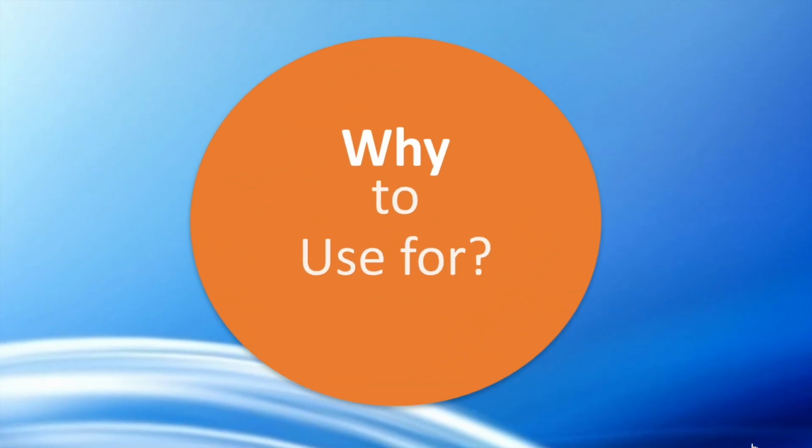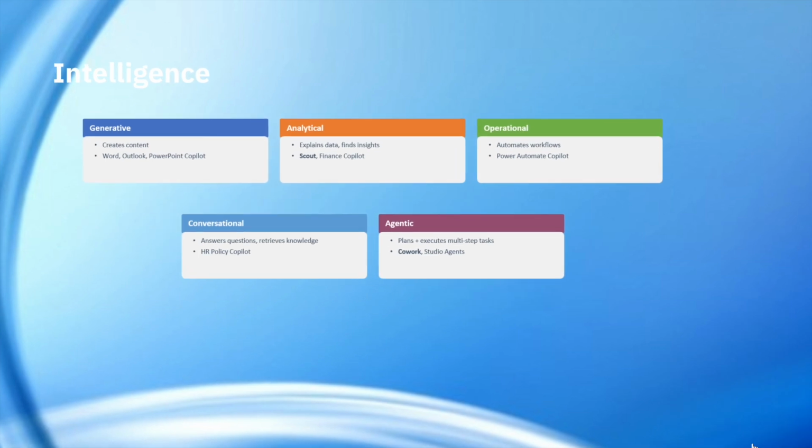And then you have to think about why you are selecting your Copilot. It's according to the intelligence, we can say. If you want a Copilot that is generative, that creates content, like Word, Outlook, PowerPoint.